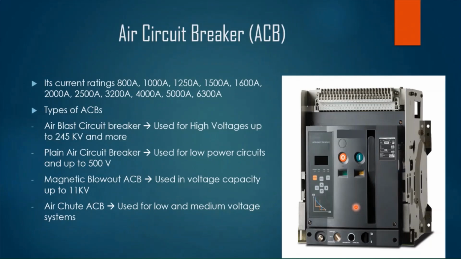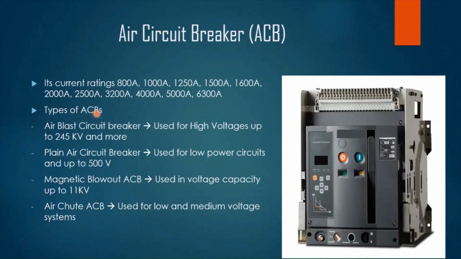This is how an air circuit breaker looks like. As you can see, it is bigger in size and it's more complex than a miniature circuit breaker and molded case circuit breaker. Air circuit breaker current ratings start from 800 up to 6,300 amperes.